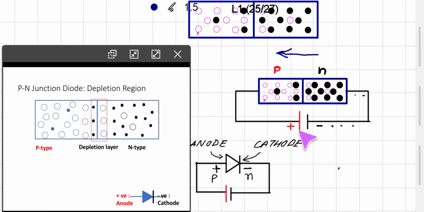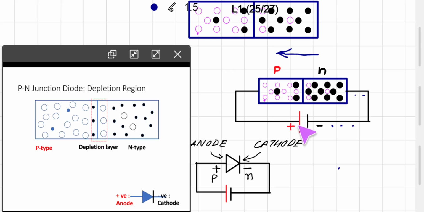So whenever we are connecting this battery, let us consider this battery is of, say, 1 volt. Now this is also acting as a battery because of these number of holes, but in the opposite direction. So this barrier potential, say 0.3 volt or 0.7 volt, is actually working against this potential.